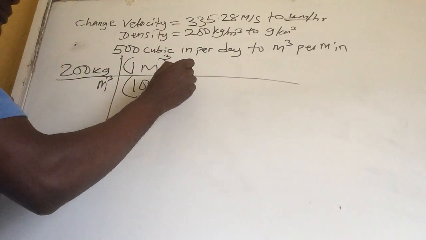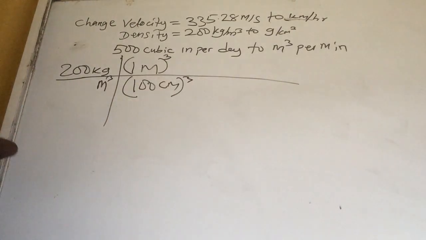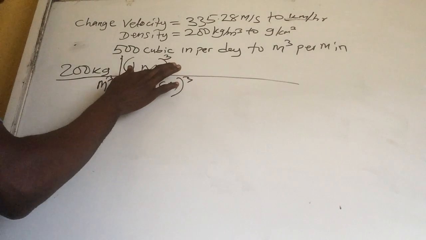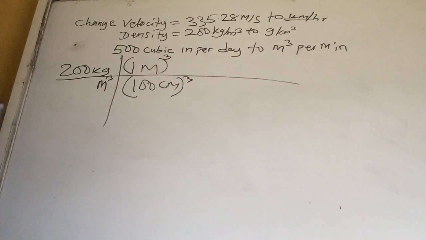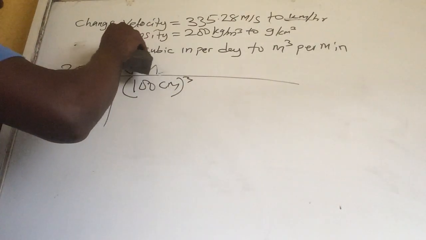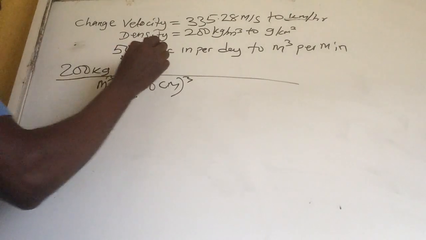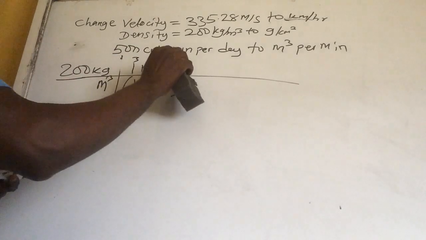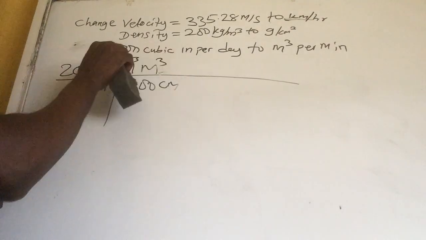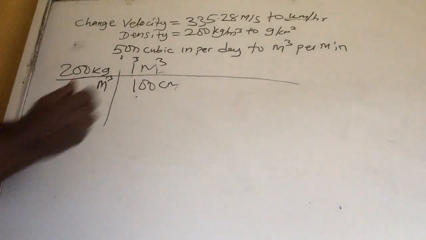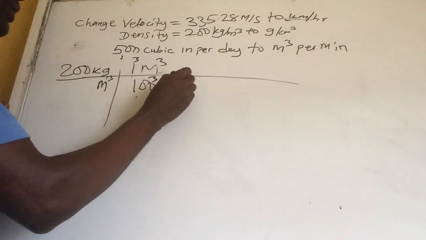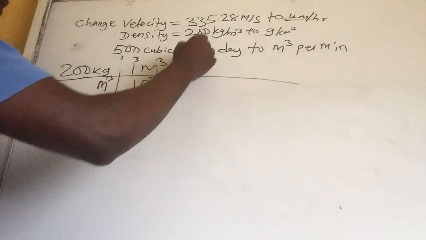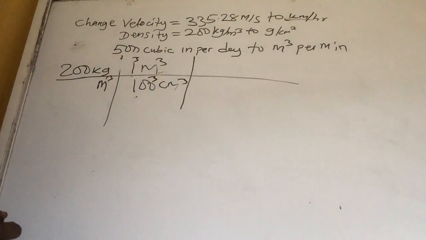When you remove this bracket, it will mean raised to power 3 of this one and raised to power 3 of this one. Then you continue.